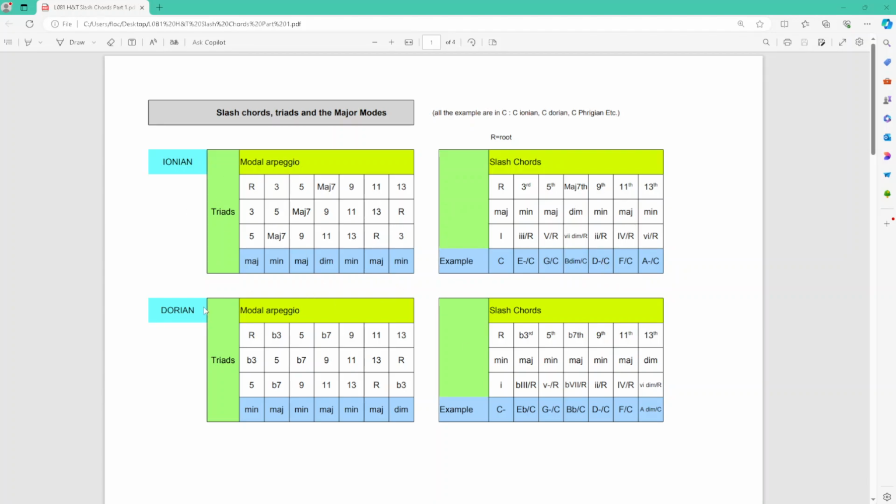The beauty of this PDF, and more importantly, the reason for its existence, is that it's going to be a bit like a dictionary. As you noticed, in order to figure out all the slash chords for each individual mode, it means going through each modal arpeggio, isolating every single triad, and figuring out, okay, this triad over this bass note.